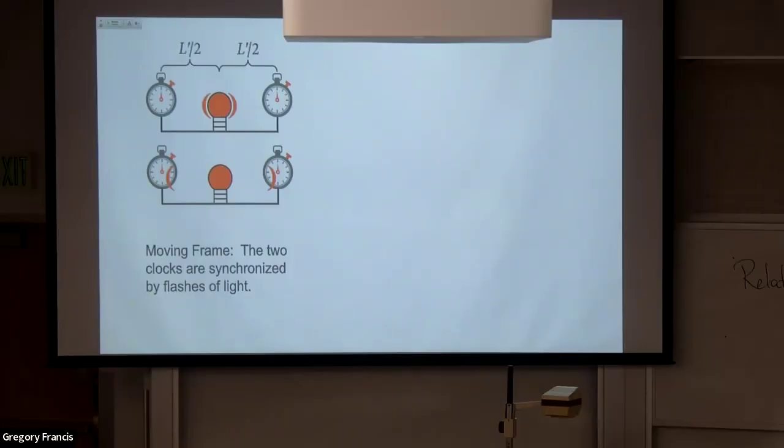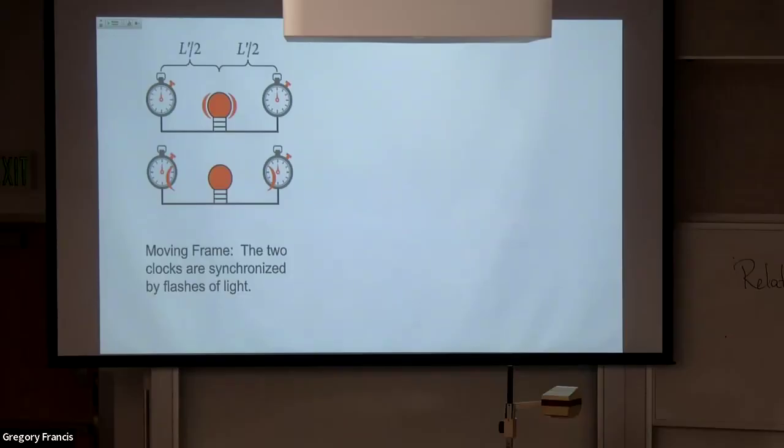Well, in the reference frame of the moving train, those clocks are not moving. And so I can synchronize them by flashing a light in the middle of the train. And when that light reaches my clocks, they turn on. They were set at 0. When they get that flash, they both turn on. And that means they're always going to read the same value.